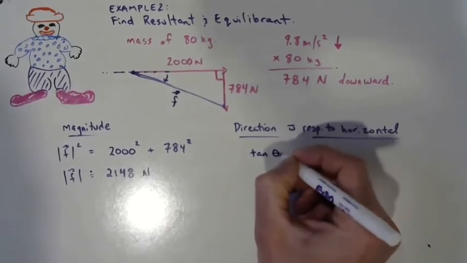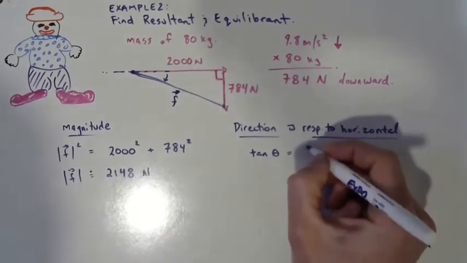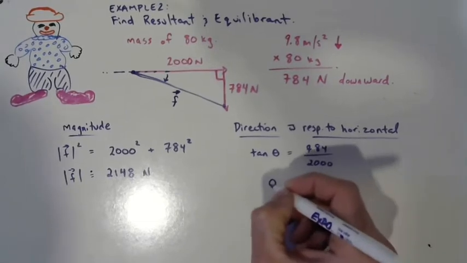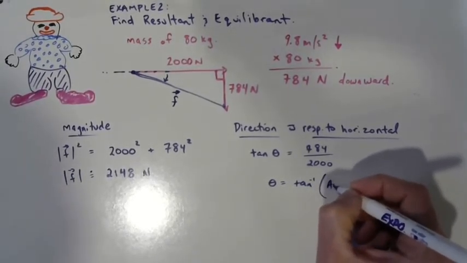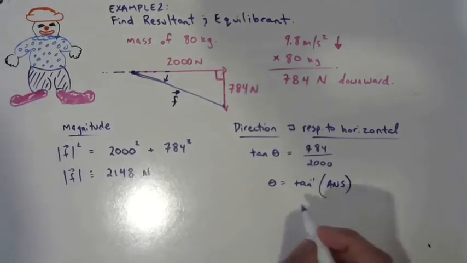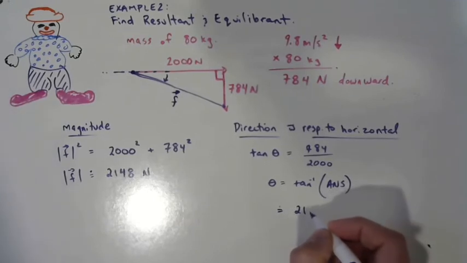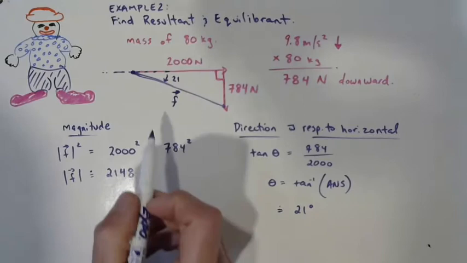We have the tan of theta is opposite over adjacent, 784 over 2,000, which means that theta is equal to the inverse tan of 784 over 2,000, which is approximately 21 degrees. Okay, so this angle here is 21 degrees.